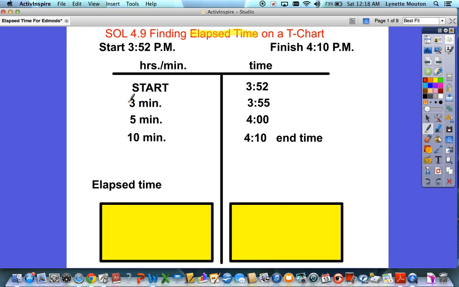We want to add our hours and minutes, and of course we didn't have any hours here, so 0 hours have elapsed, but we want to add our minutes. 3 plus 5 is 8, and then take that 8 and add it to the 10 minutes that's there, and so our elapsed time is 18 minutes. There are 18 minutes that will pass between 3:52 and 4:10 p.m.